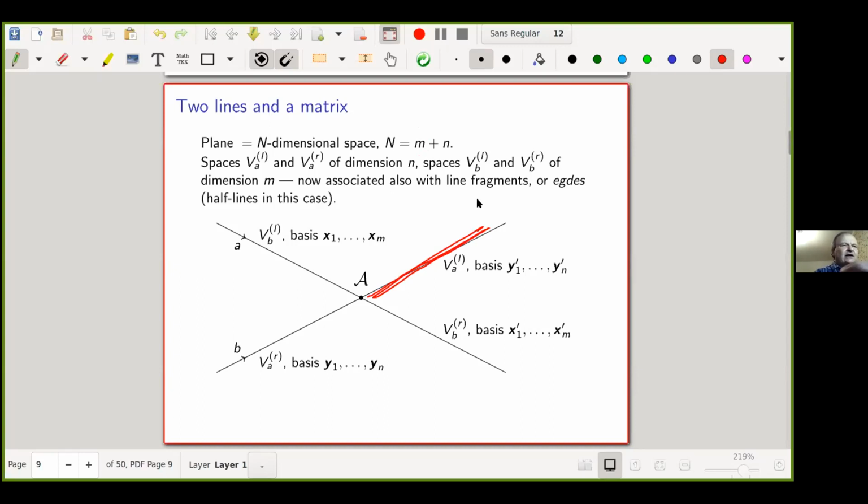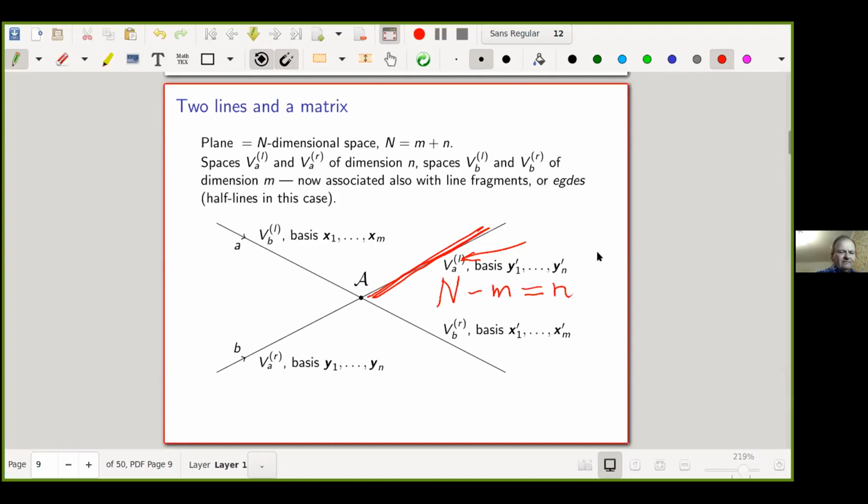It lies to the left of line A, you see here the letter L. So in my pictures, to this line will correspond a subspace of this V of dimension n minus m equal to n.